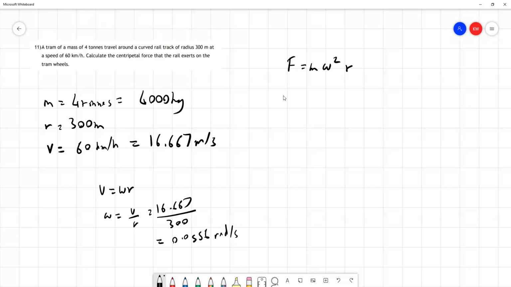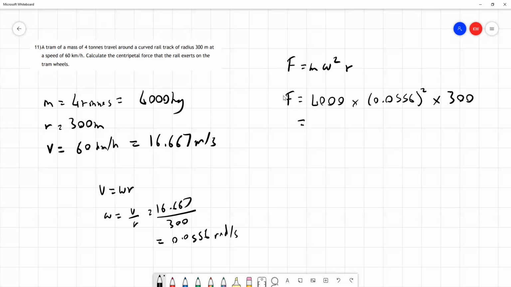We're now equipped with all of the values we need to find the centripetal force, so we'll put it into our formula. So our mass is 4,000, omega is 0.0556 squared. I'll use the exact calculator value here, so there might be a slight variation if you use rounded figures, and we'll multiply by the radius of 300.